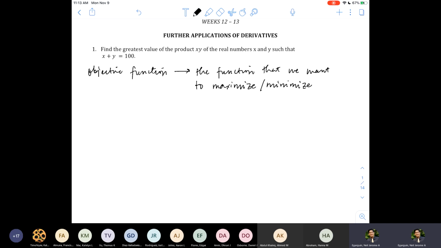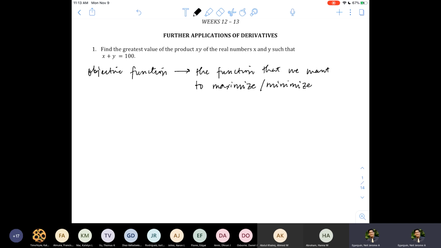Sometimes they are just some relations between the variables coming from algebra and so on. But another thing is that you will see that sometimes those formulas or the objective functions are usually written in terms of 2 or more variables. But insofar as Cal 1 is concerned, we don't know how to work with functions involving 2 or more variables.